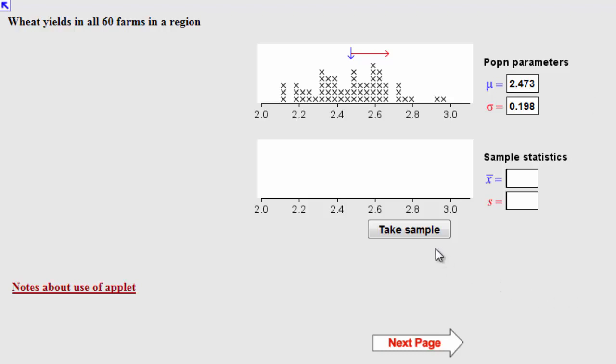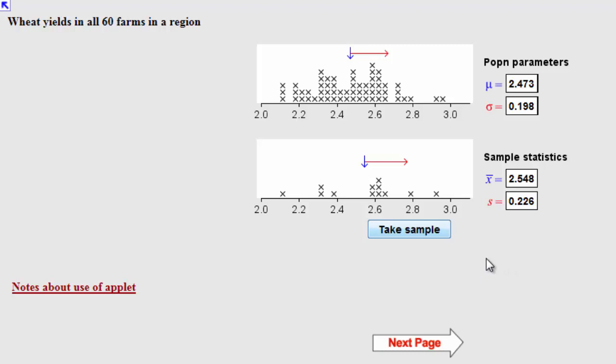So I'm going to take a random sample from this, and you can see these are the observations that I've drawn out randomly from this population. So I've gone out, taken a sample, I've interviewed a small number of farmers in this region, and then I take the mean of my sample, and you can see it's 2.5, and the sample standard deviation is 0.22. So they're a little bit out from the true population parameters, but they're not that far out.